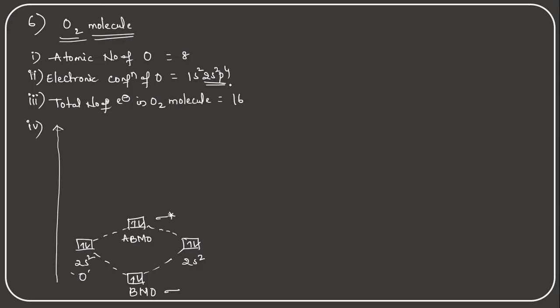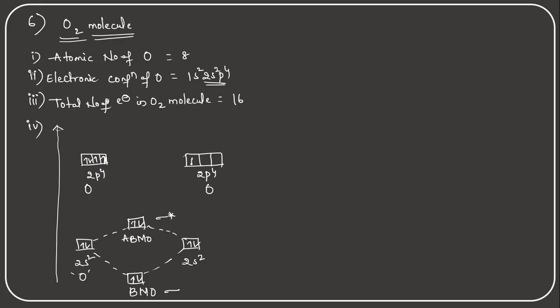And the next one is the 2p4. So the p orbitals I am writing here. This is the 2p4 of one oxygen, and the p atomic orbitals of the other oxygen also have four electrons, 1, 2, 3, 4.